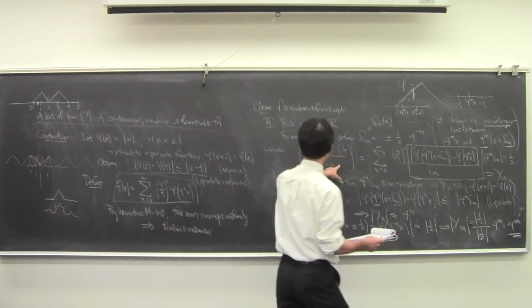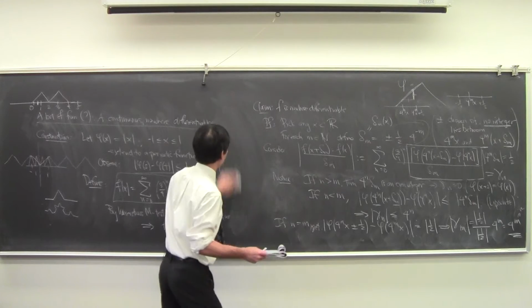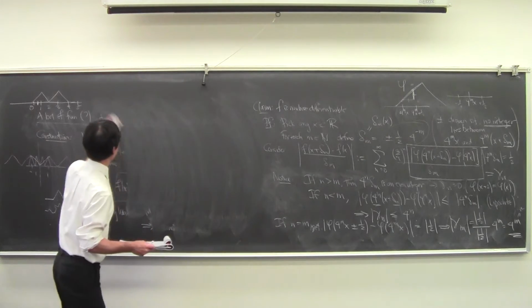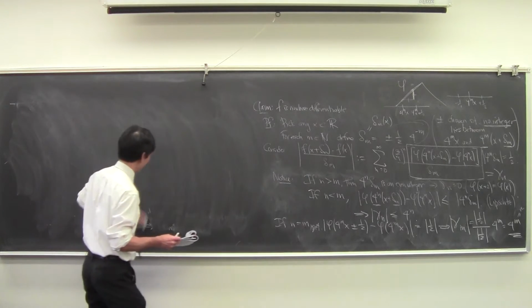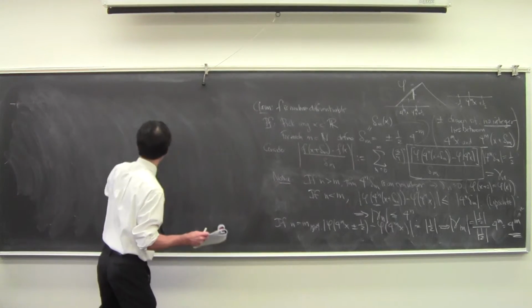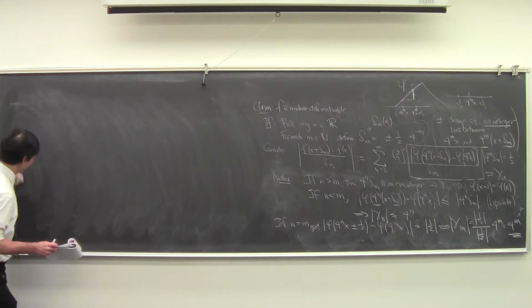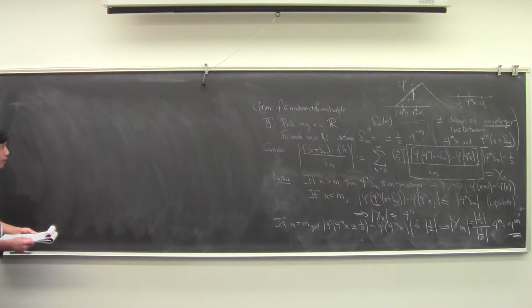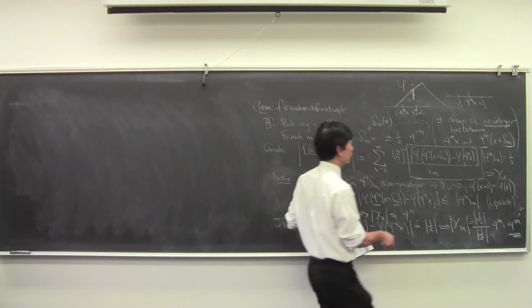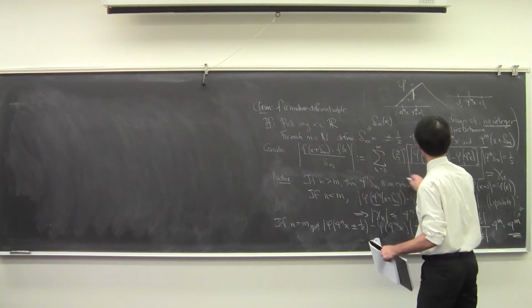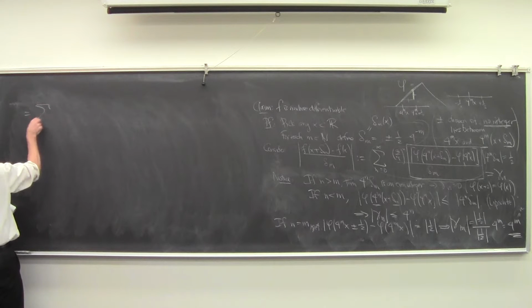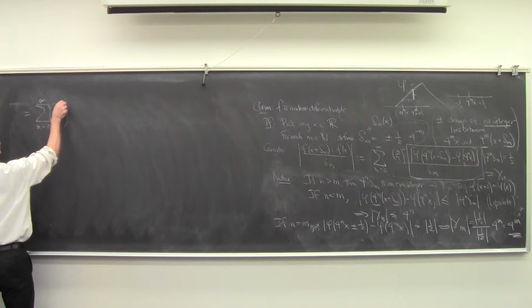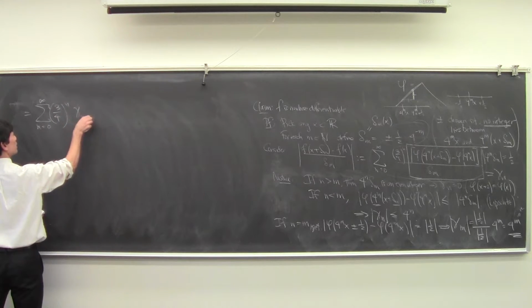Okay. So now let's look at this slope and see what we can say about it. This thing here, which was 3/4 and gamma n.